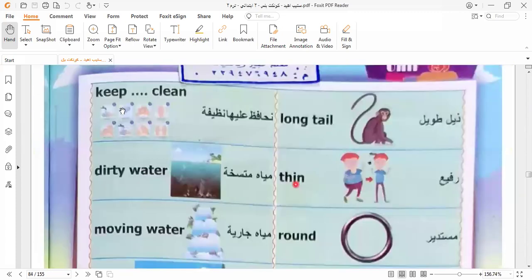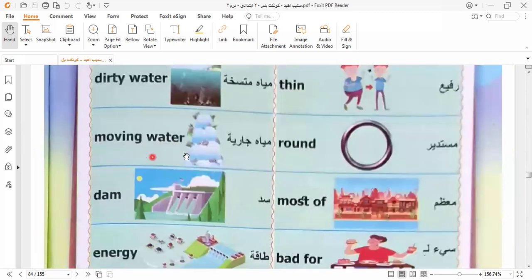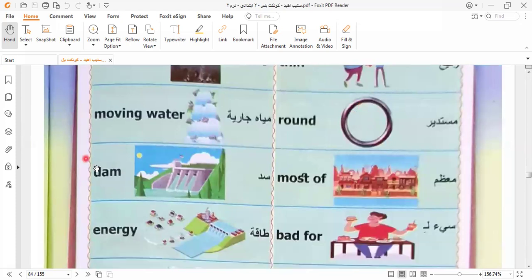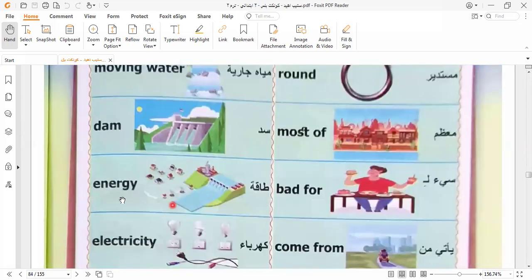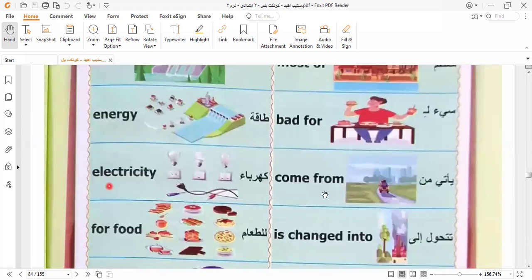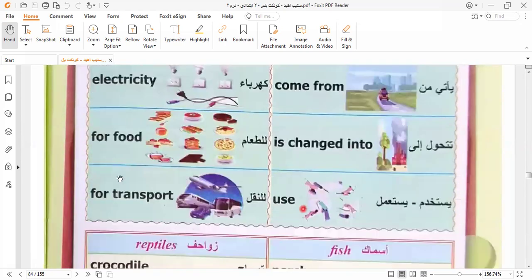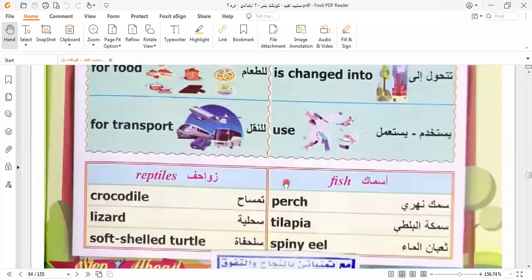Let's go to keep clean, long tail, dirty water, thin, moving water, round. This is for ground. Round like a circle. Day in, most of, energy, paid for, electricity, come from, for food, change it to, for transport, use.